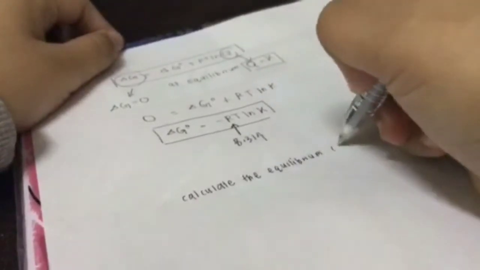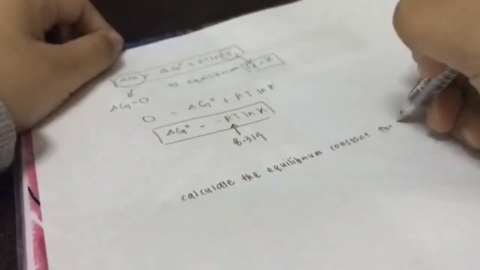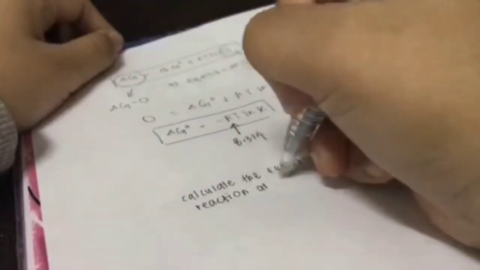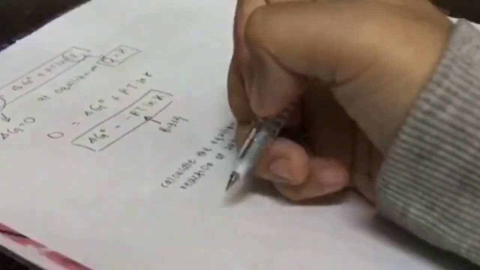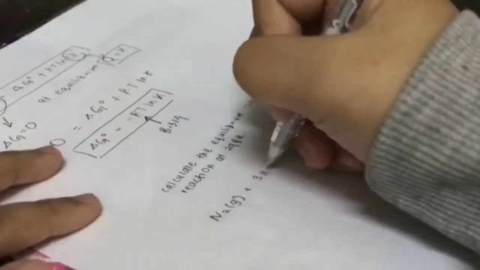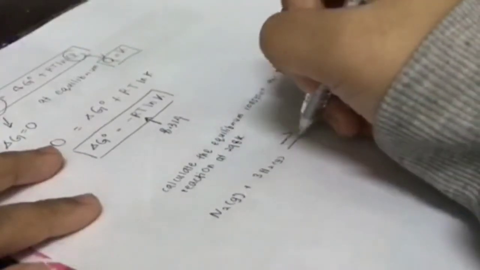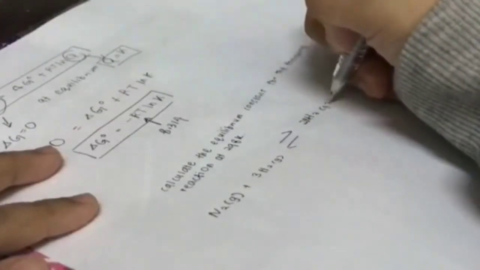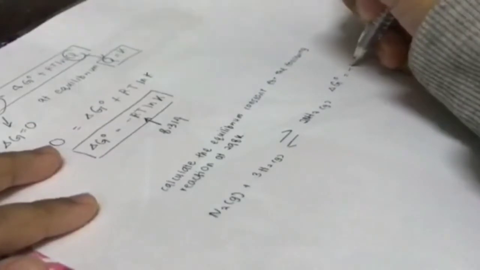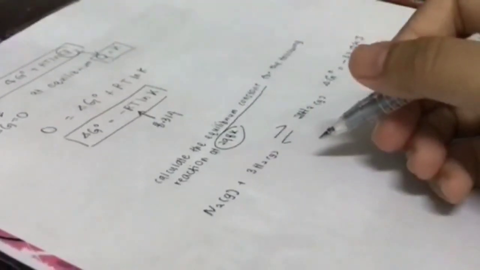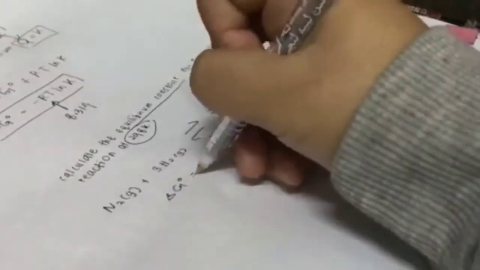So the first question is to calculate the equilibrium constant for the following reaction at 298 K. The reaction is N2 plus 3H2 becoming 2NH3, with a standard Gibbs energy change of negative 3.0 kilojoule.